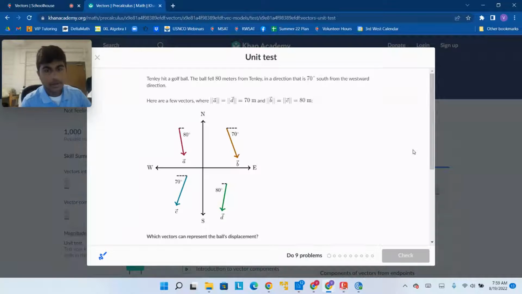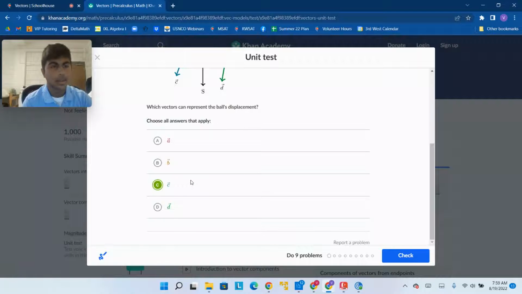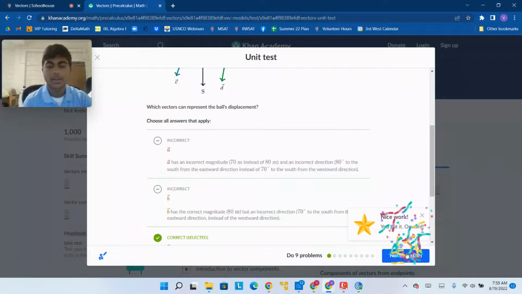And that's the direction it's going in. And that's the 70-degree angle. We know that the angle itself, 70 degrees south from west, is going to be going to the bottom left. So that means that it can only be C. That's the only possibility. And we can move on to the next question.